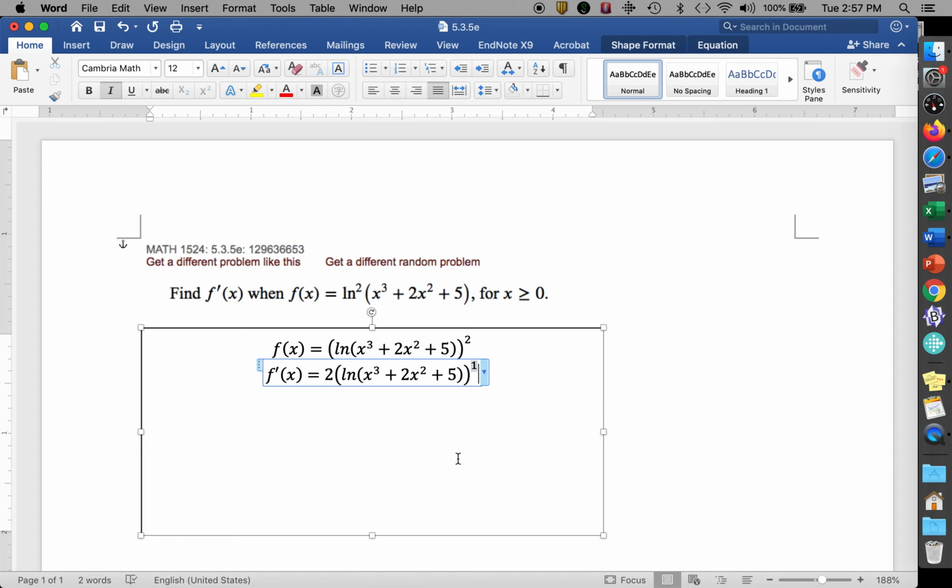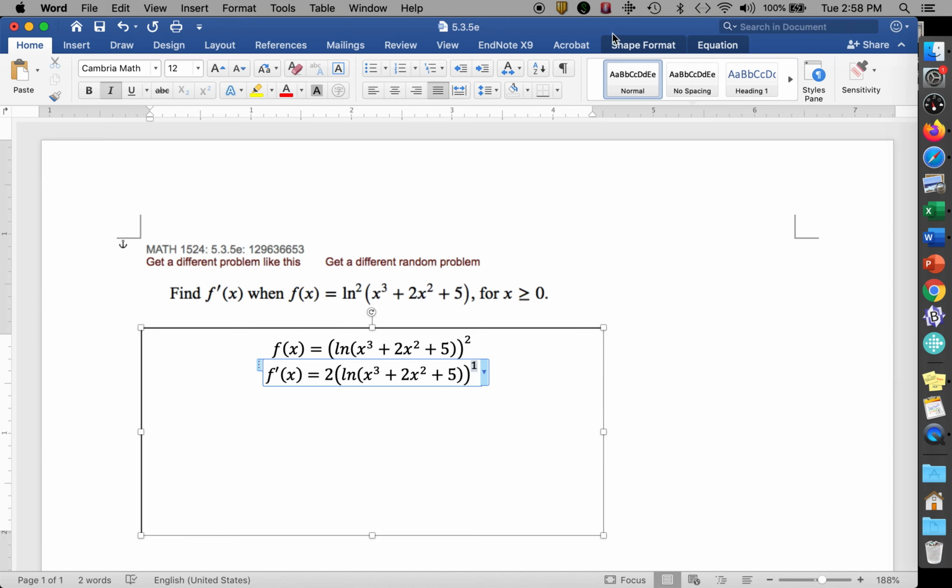Okay, the next layer on this, because if you remember how this works, I multiply by the derivative of the inside. The next layer is natural log of something. And the way that derivative works is you put 1 over whatever you're taking the natural log of. So if it's natural log of x, the derivative is 1 over x.